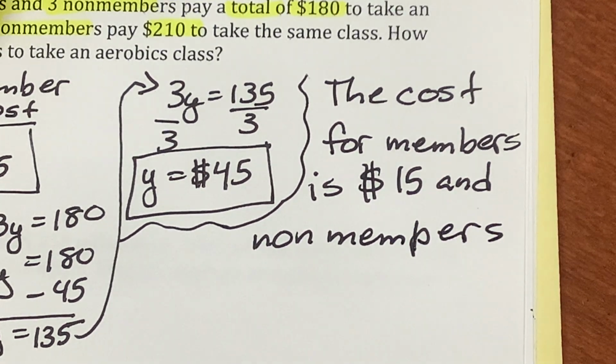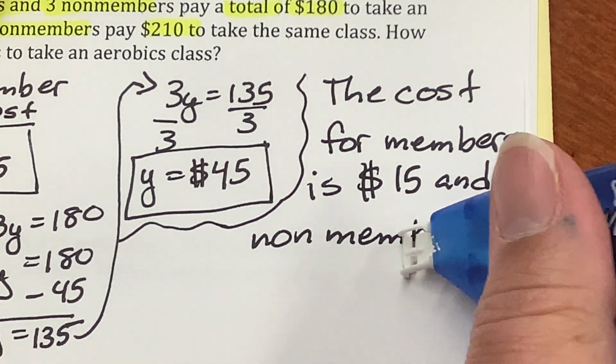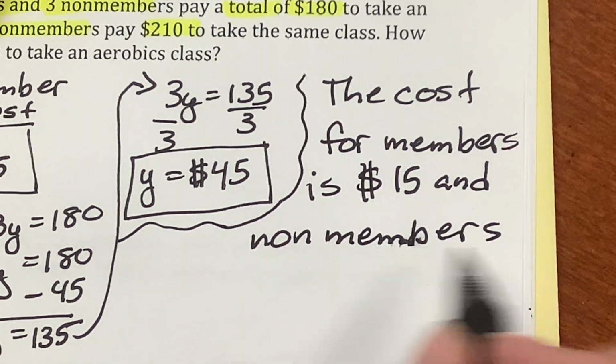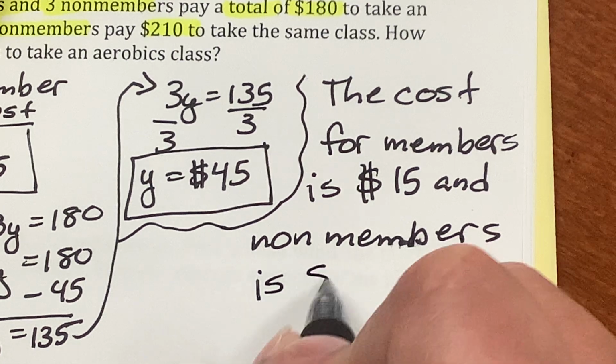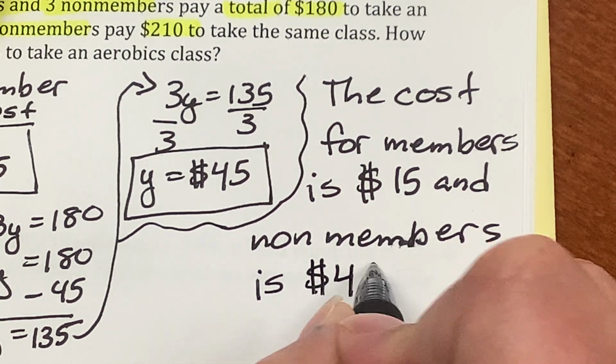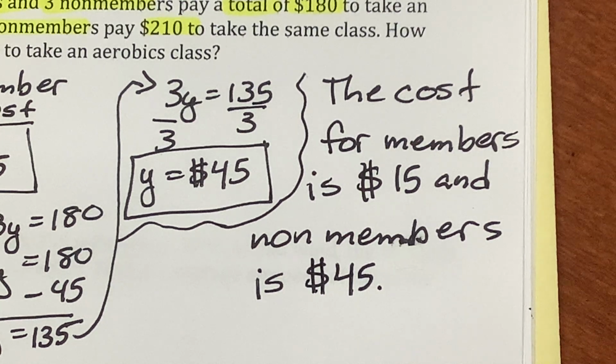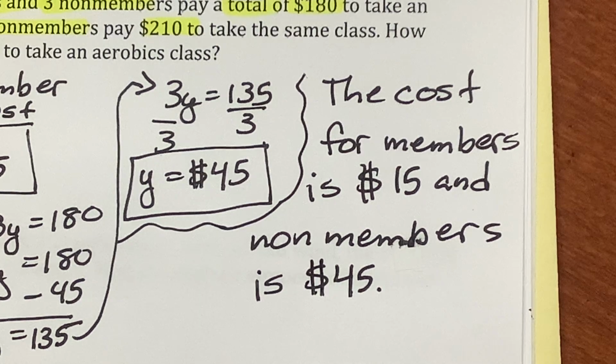There's my dyslexia showing itself, I did another P for a B. I should be more careful when I write. So the cost for members is $15 and non-members is $45. That's it. Doesn't have to be fancy. It could be just easy.